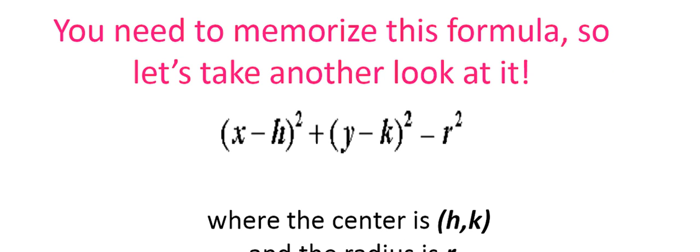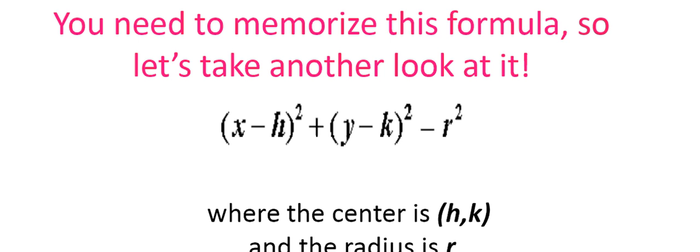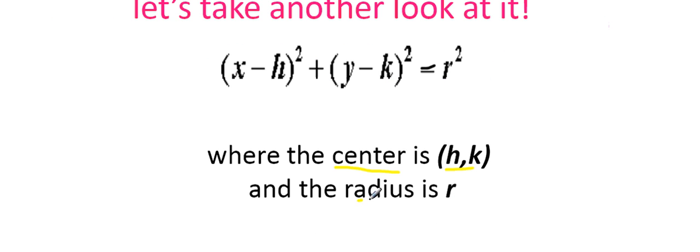So once again, let's take another look at it. X minus h, the whole quantity squared, plus y minus k, the whole quantity squared, is equal to the square of the radius. And again, this is for a circle whose center is at the point whose coordinates are (h, k) and whose radius is of length r.